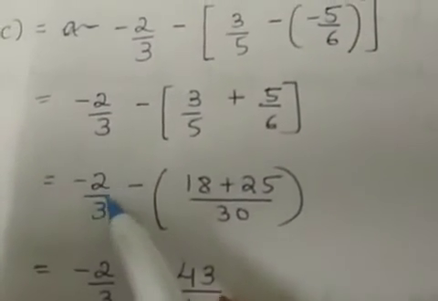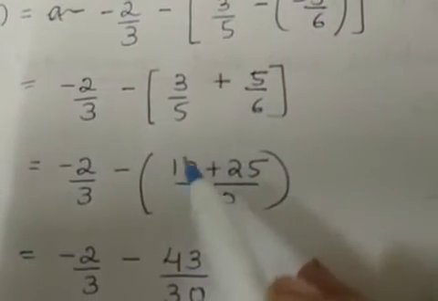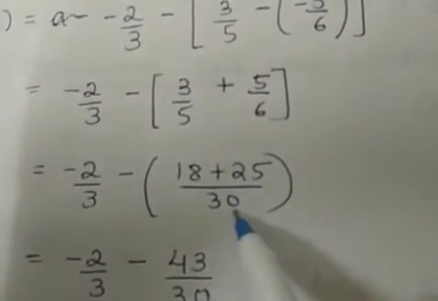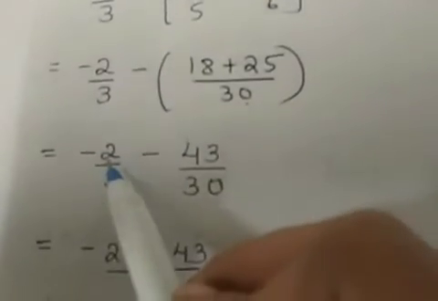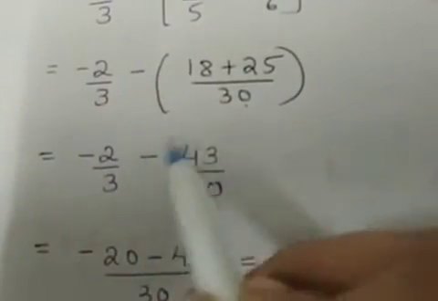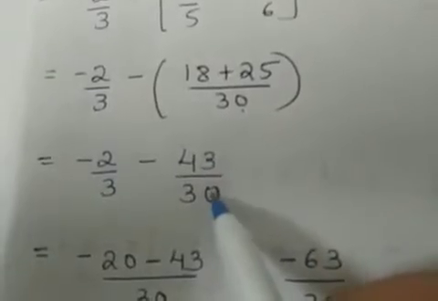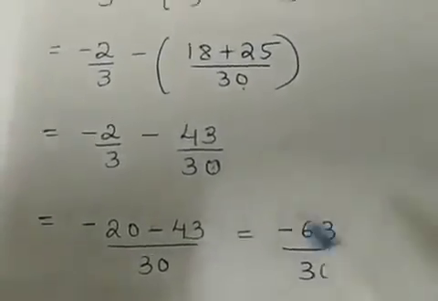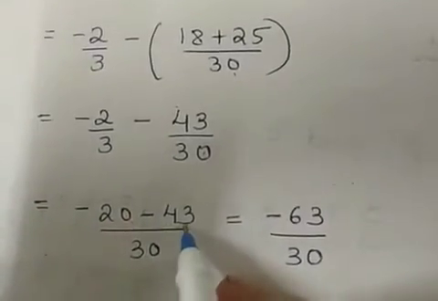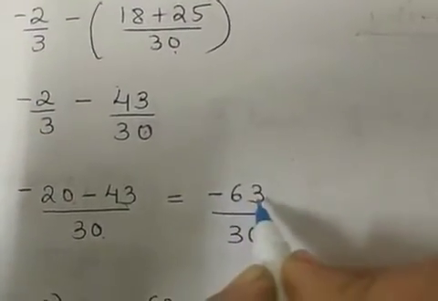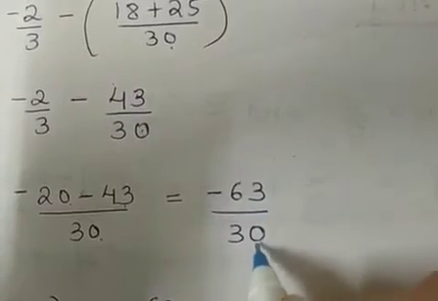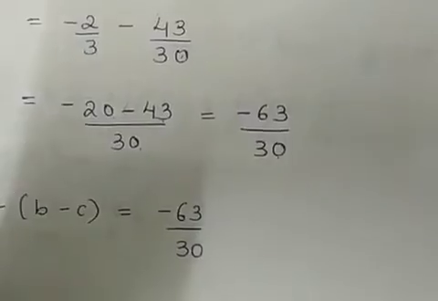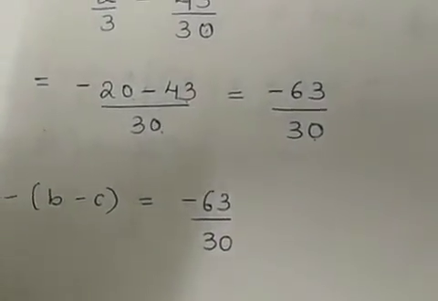After solving, you will get 18 plus 25 upon 30, so minus 2 upon 3 minus 43 upon 30. Again on solving, you get minus 20 minus 43 upon 30, and this is equal to minus 63 upon 30. So you have got a - (b - c) as minus 63 upon 30.